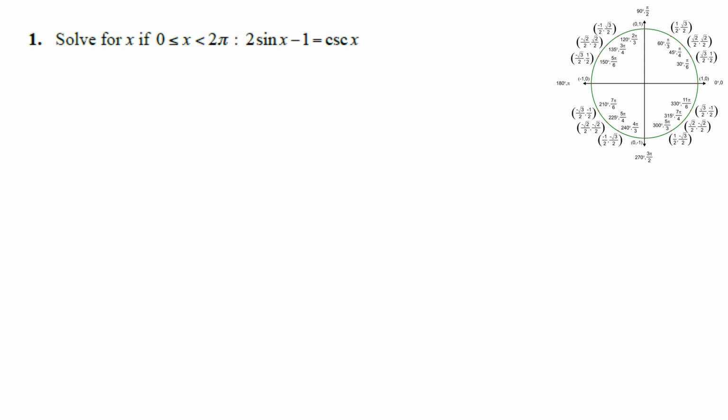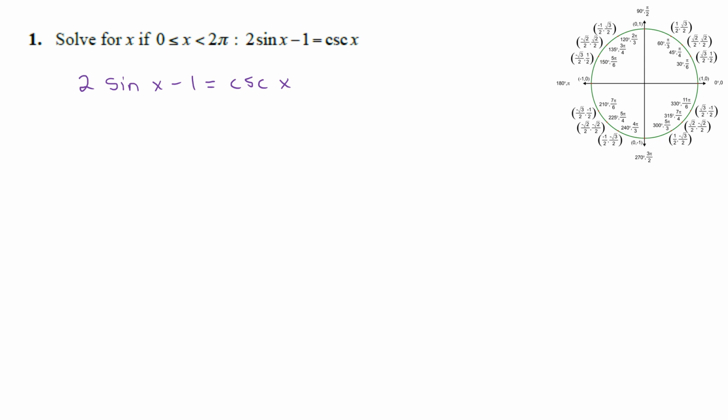All right, in our first problem here, we're asked to solve for x. Our equation is 2 sine x minus 1 equals cosecant x, and my x value must be between 0 and 2 pi. So that means my solutions must be written in terms of pi.